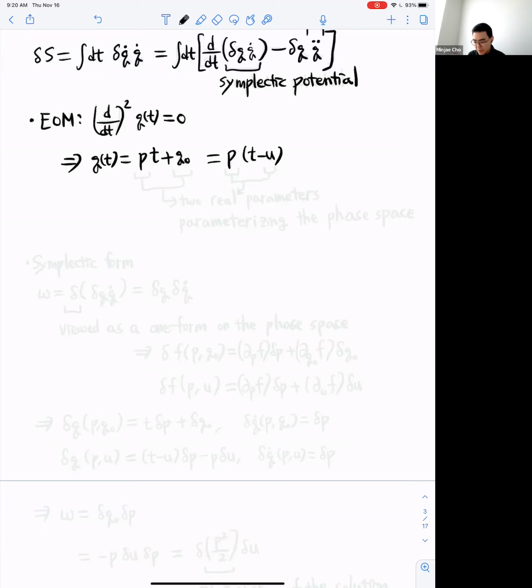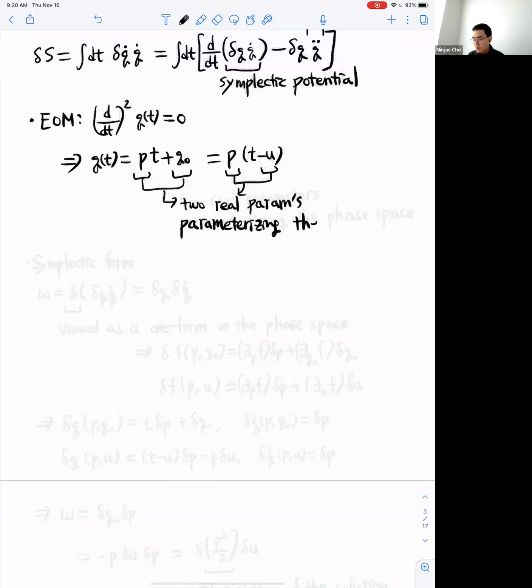So what have we achieved by solving this equation? We notice that this P, Q naught, and U are the parameters which parameterize the phase space.